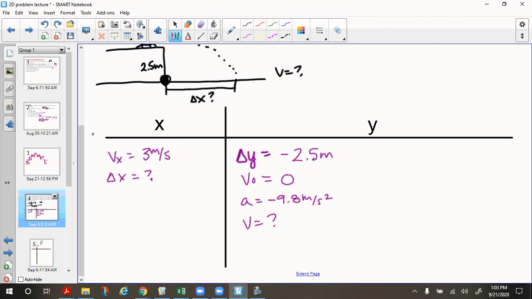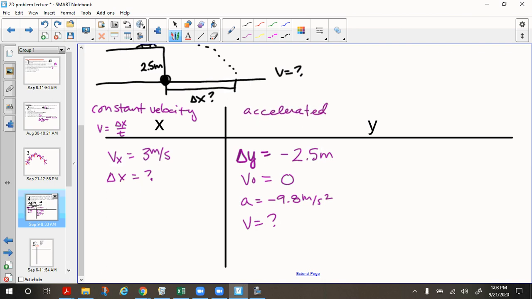It's really important to remember that on this side of the equation, it's constant velocity. So the equation that you're going to be using is velocity equals displacement over time. Over here, we have accelerated motion.